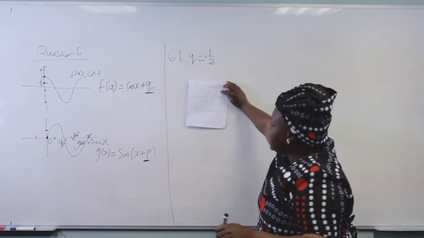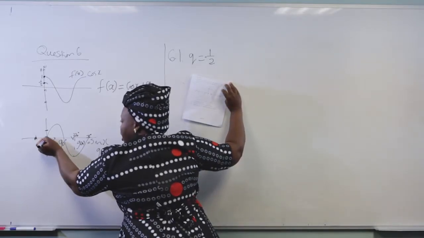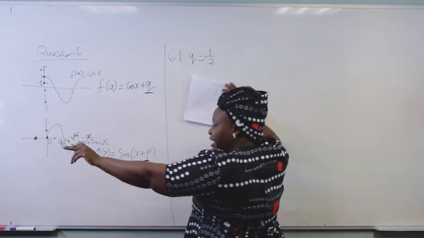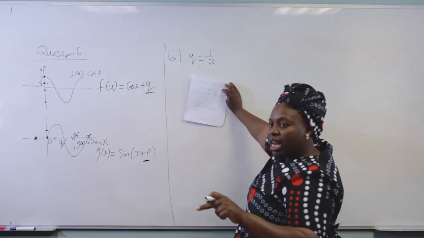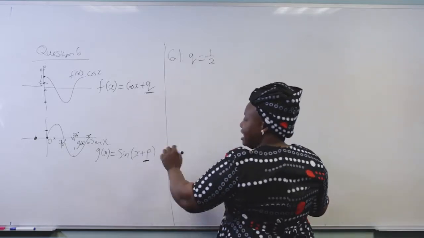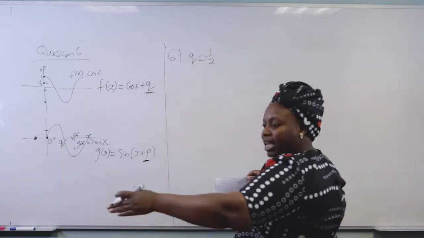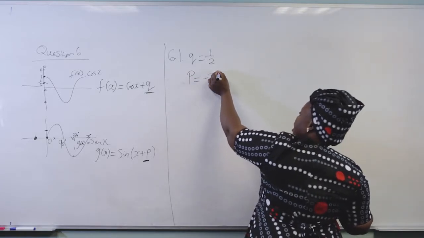So it means that your 0 had moved in this direction. This point moved to the left. How many units? 30 units. And because it moves to the left, your p is going to be negative 30, the negative direction. So p is equal to negative 30 degrees.